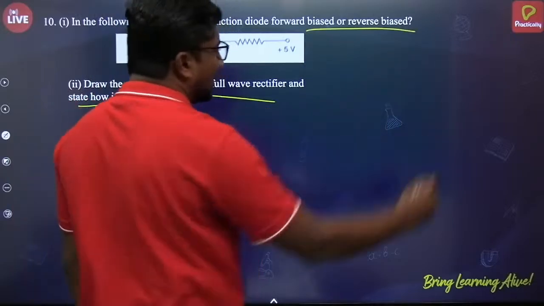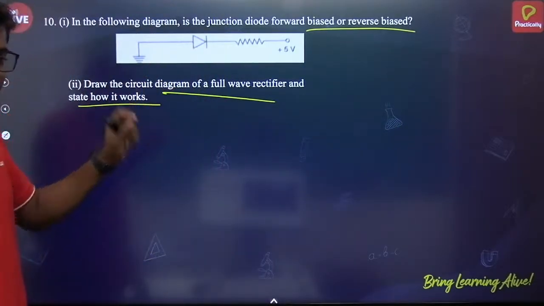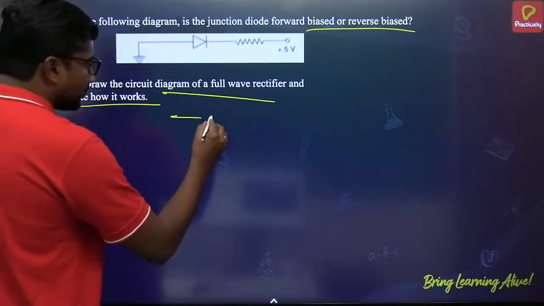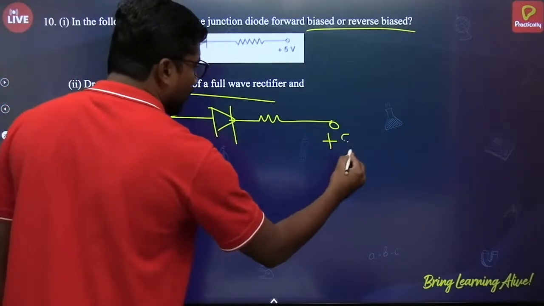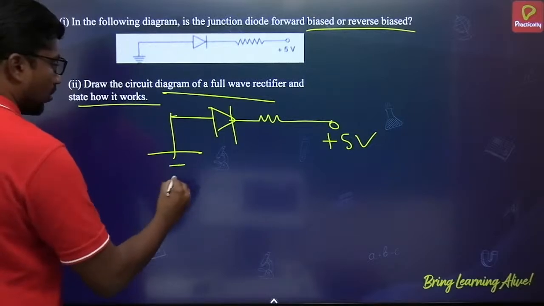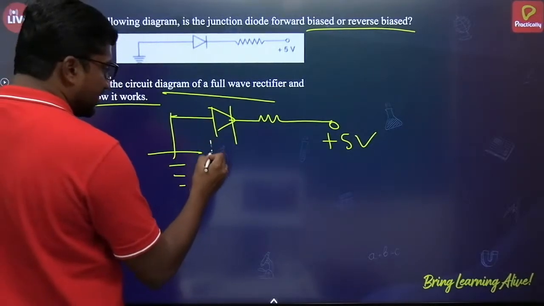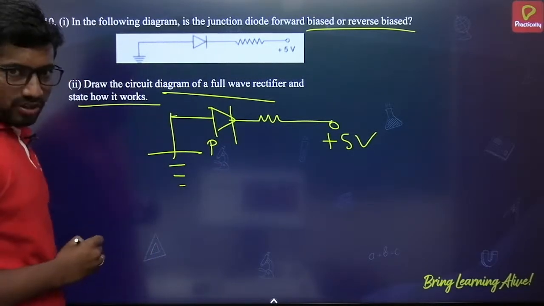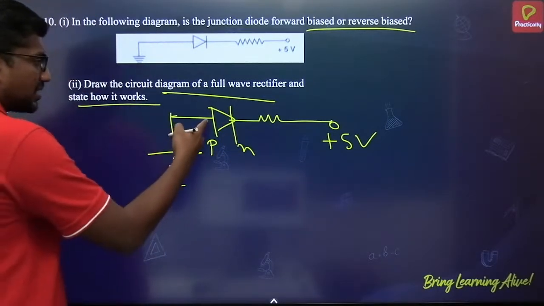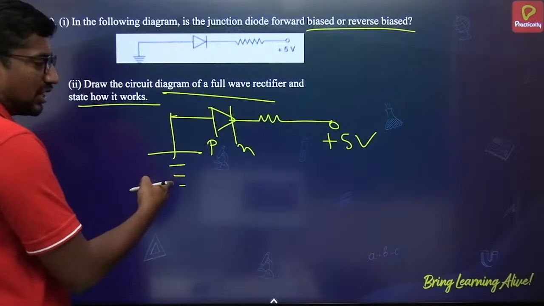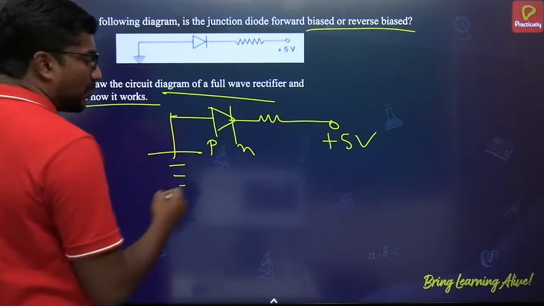Okay, fine. Let's see now. First, the diagram. Here I am redrawing it. This is plus 5 volt. This is grounded. See, this is a P-N diode. This is the P side and this is the N side. The P side is connected to the lower potential region, and the N side is connected to the higher potential region.